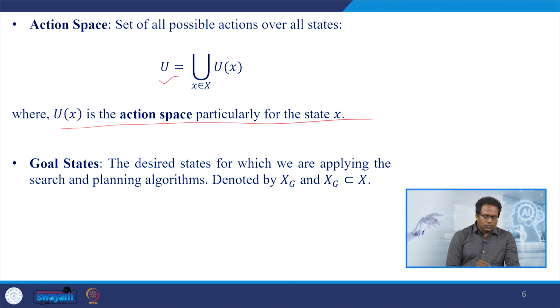Now let us talk about goal states, which means the desired states for which we are applying the actions through the search and planning algorithms, and it is denoted by Xg, which is a subset of the state space X.